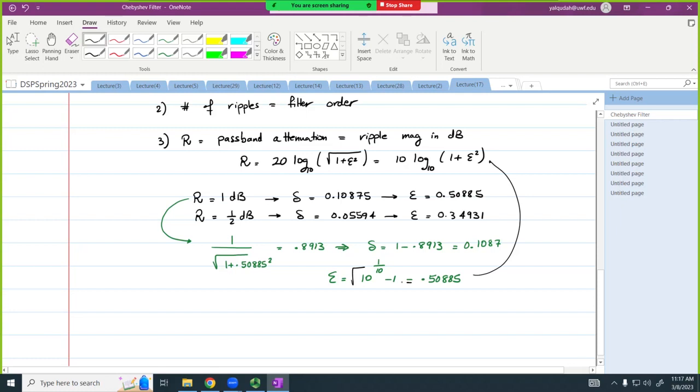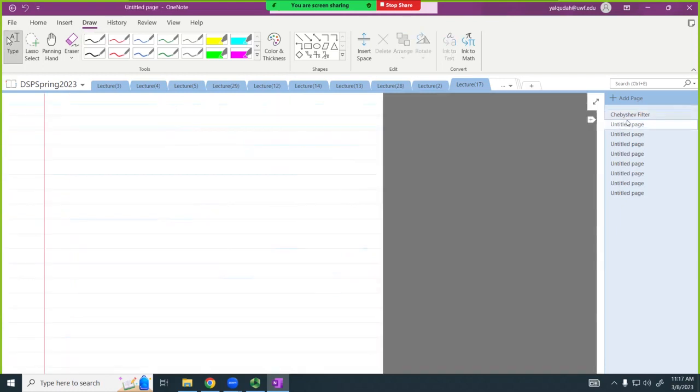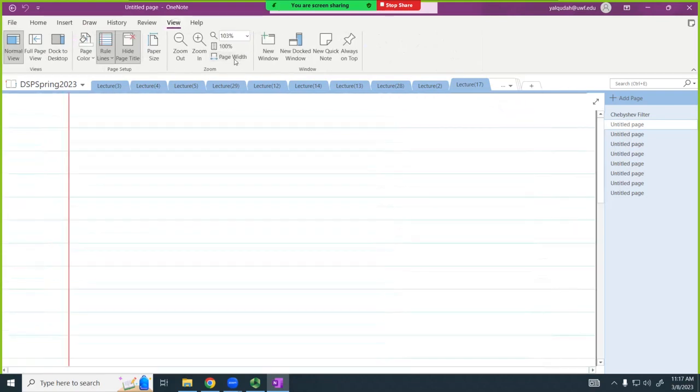One more thing to mention, and we're going to mention it briefly and just run MATLAB to show it: the Chebyshev filter will have n poles and no zeros.